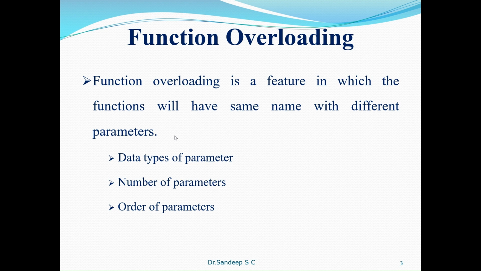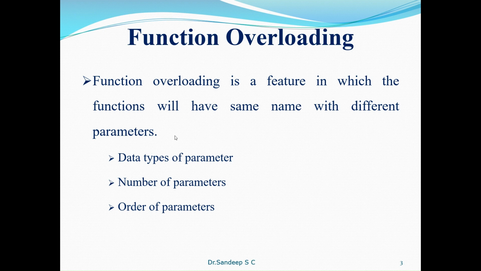And the third way of doing that is the order of parameters. In the case of order of parameters, we change the order even though the data types are the same. For example, we have one function taking an integer and float as arguments, and we can have another function with the same name taking float and integer as arguments.